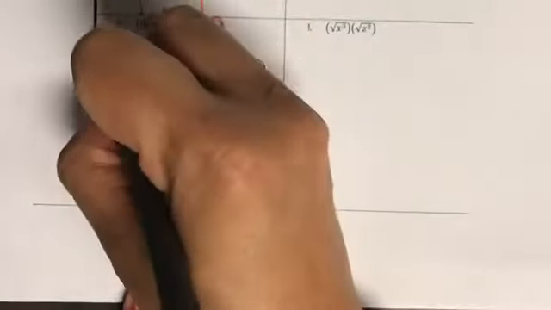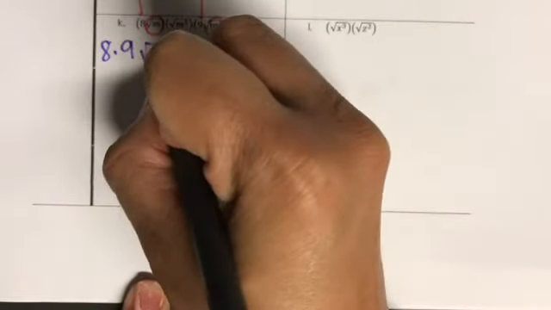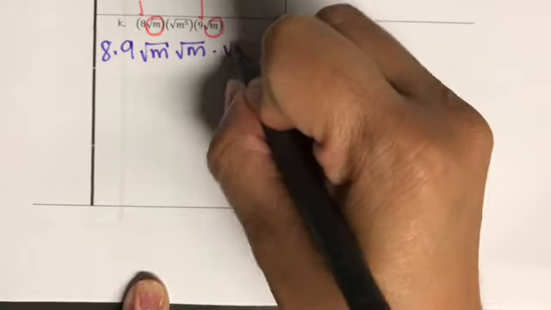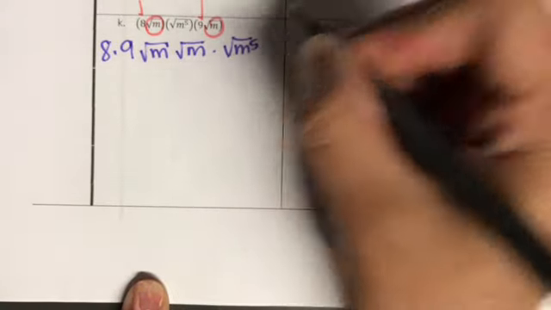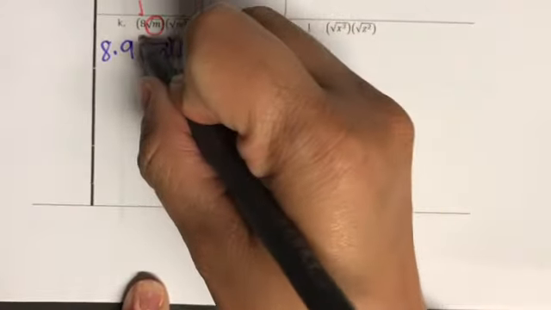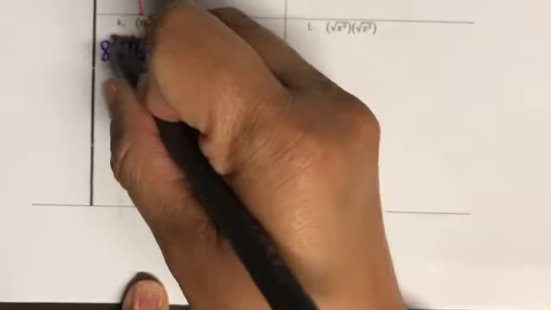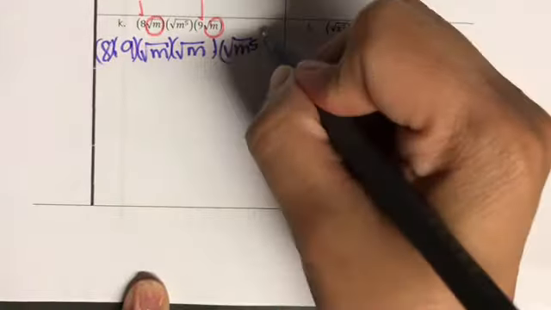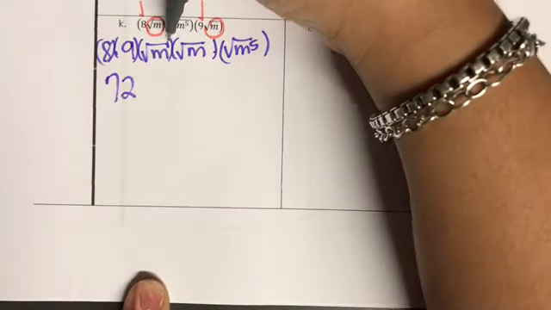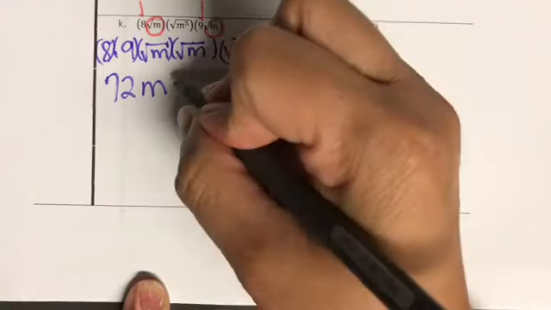We have 8 times 9 times the square root of m times the square root of m times the square root of m to the 5th. We don't have to use parentheses. For me, it's easier. 8 times 9 is 72. Square root of m times the square root of m is m.